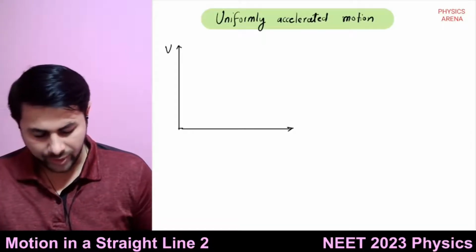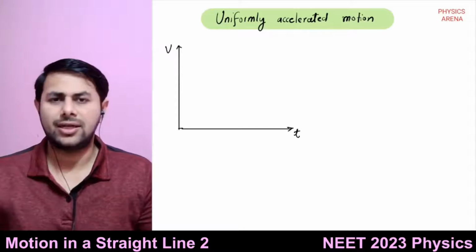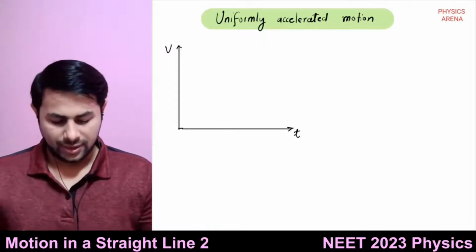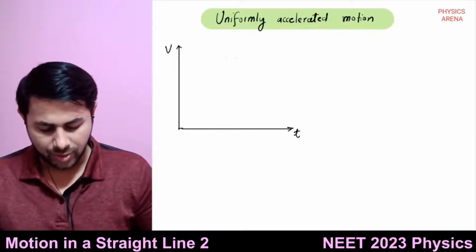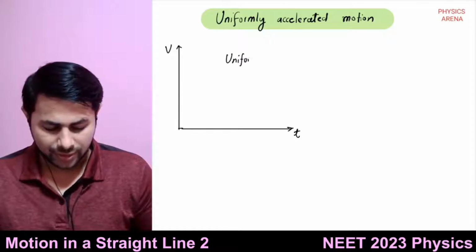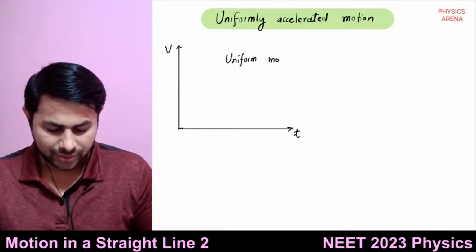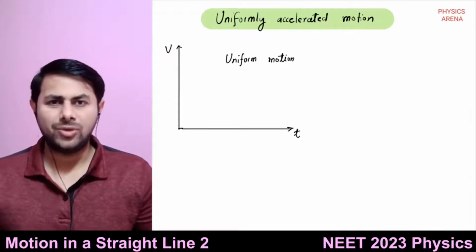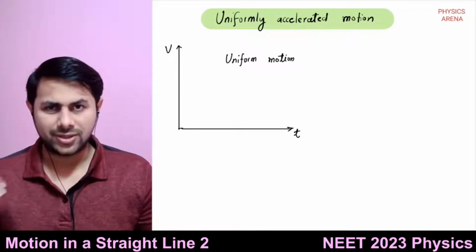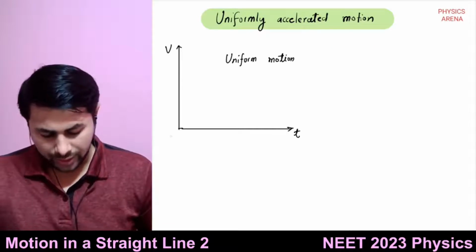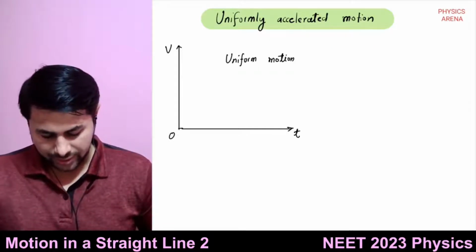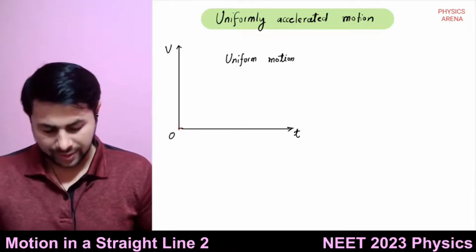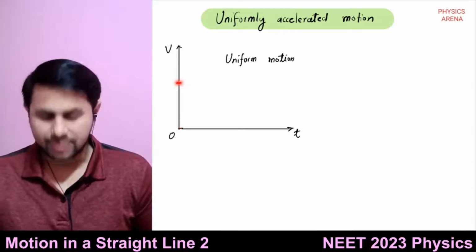If I plot velocity on the vertical axis and time on the horizontal axis, and let's say this is uniform motion, so our object moves with uniform velocity. That means velocity is constant. Let's take t equals 0. At this time, suppose the velocity has this much value.